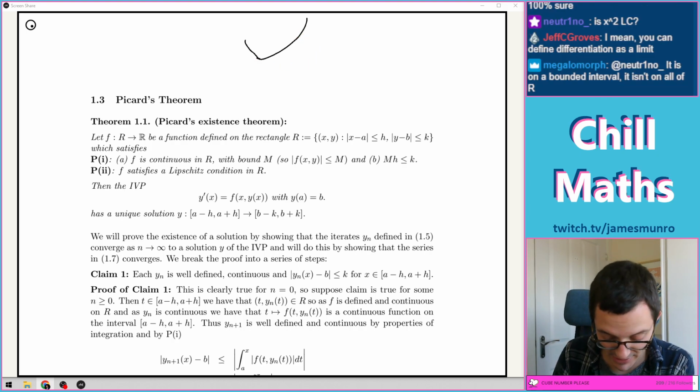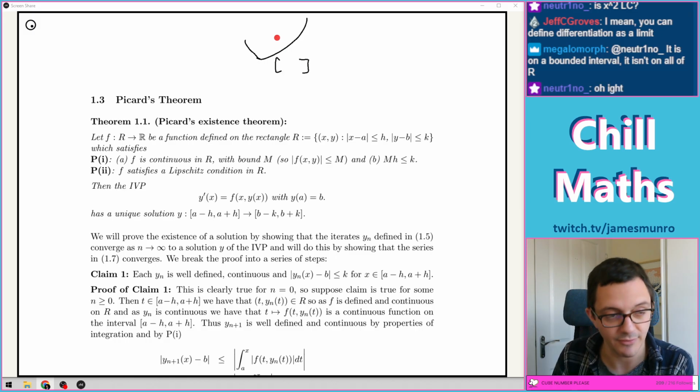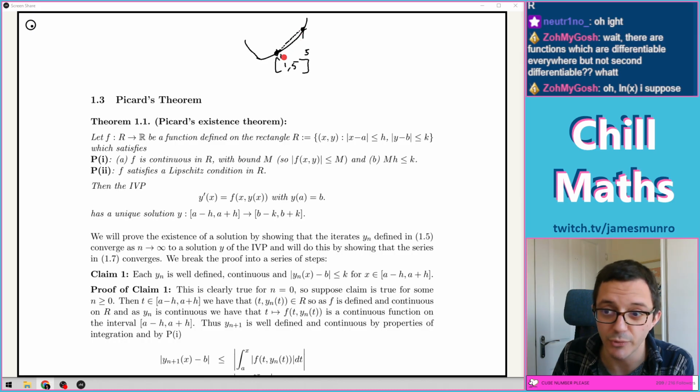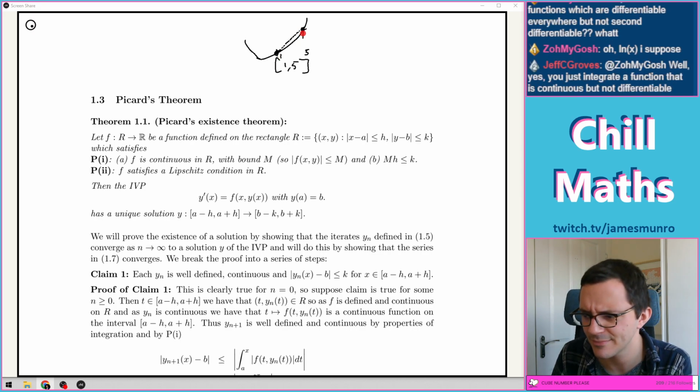But if you pick a bit of it on your favourite range, so maybe between 1 and 5, then any 2 points you pick on that parabola, the change in the y values is not too much more than the change in the x values. It's bounded by the gradient, which is at most 10 in this case.